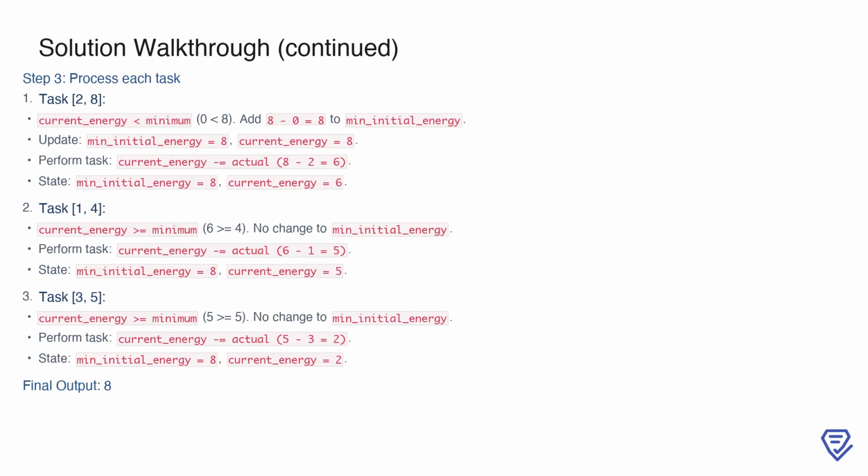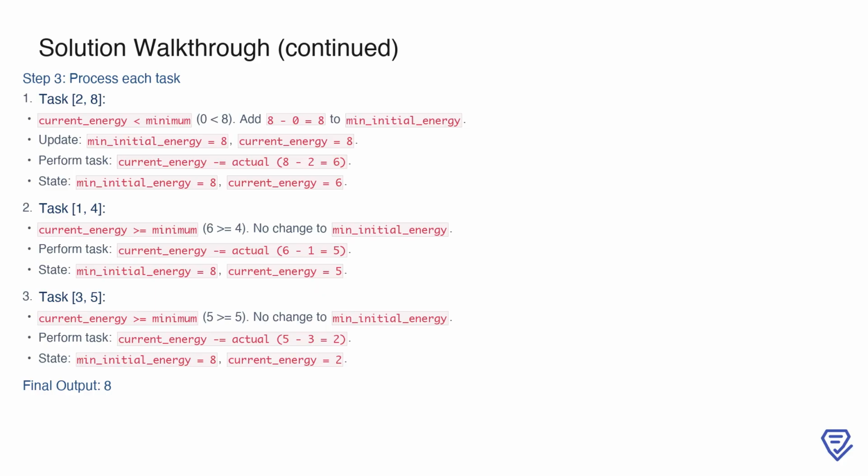We start processing with the first task, [2, 8]. Since current_energy is less than the minimum, we add 8 minus 0 to min_initial_energy, setting it to 8 and updating current_energy to 8. Performing the task reduces current_energy by 2, leaving it at 6.